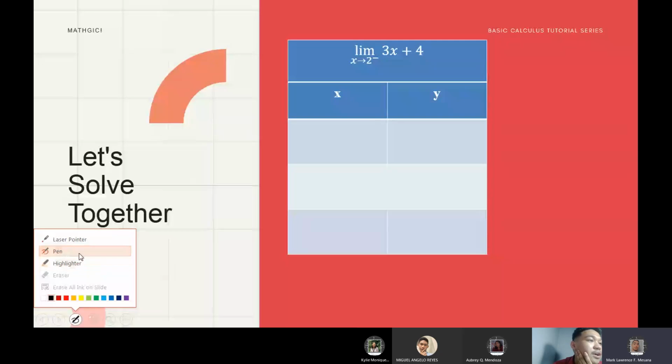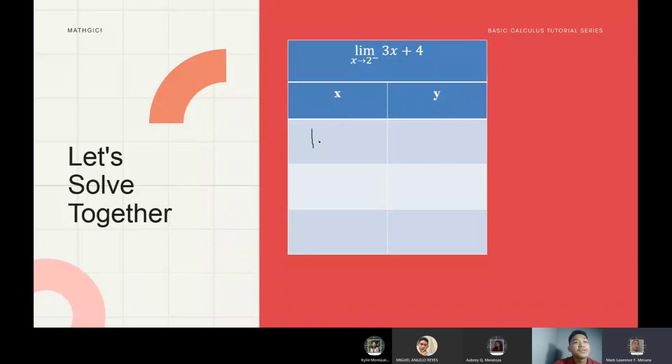So our x will be 1.999, the next is 1.99, and then the last is 1.9.